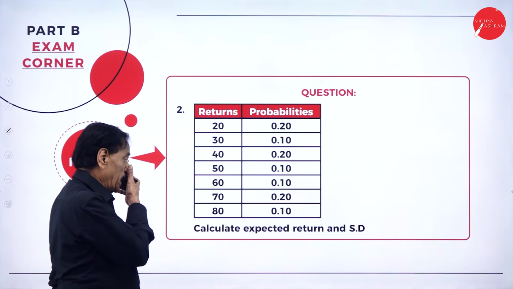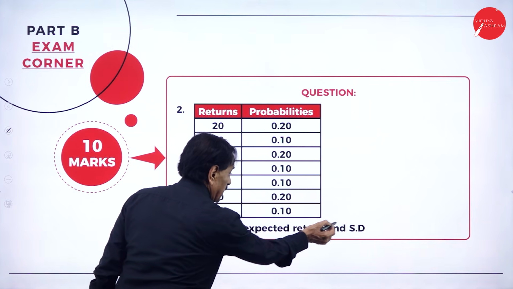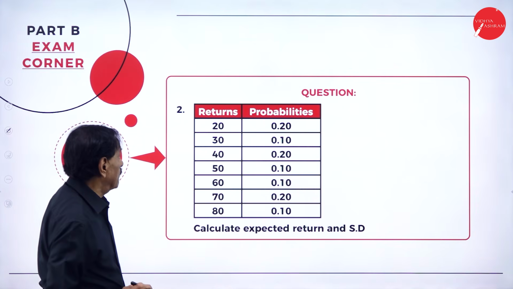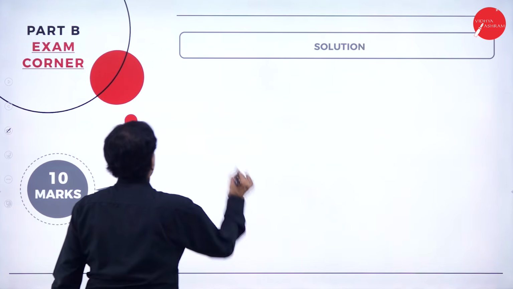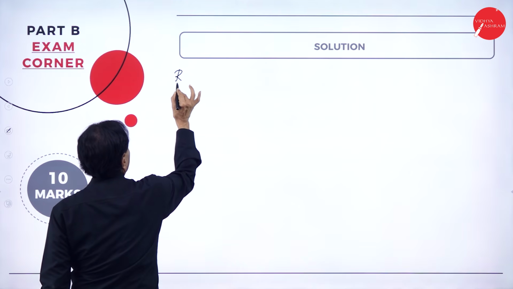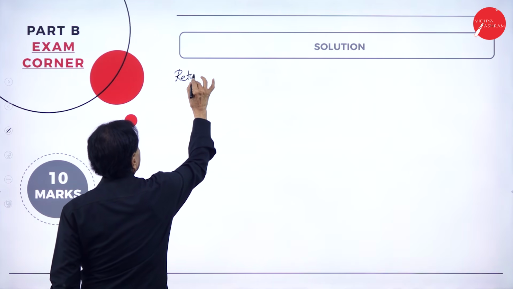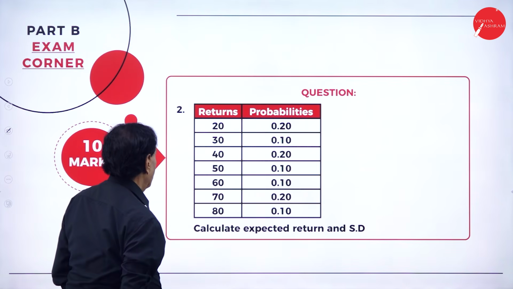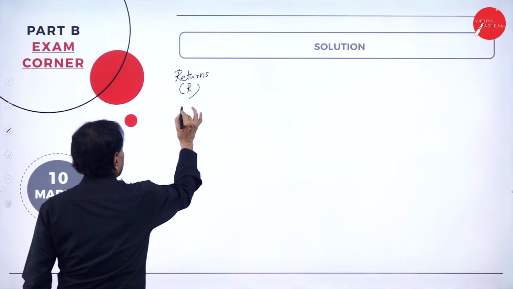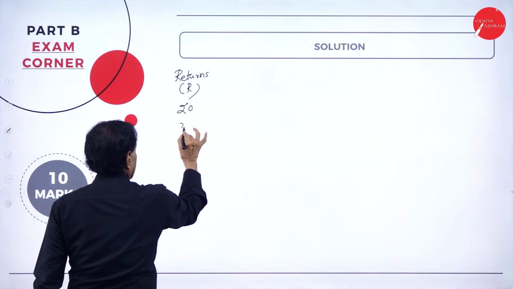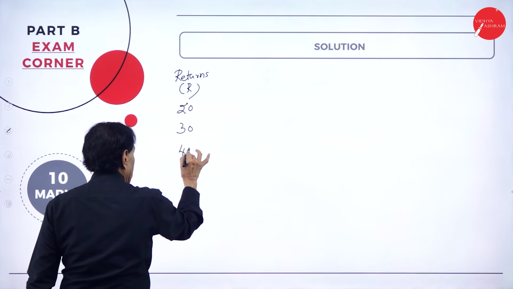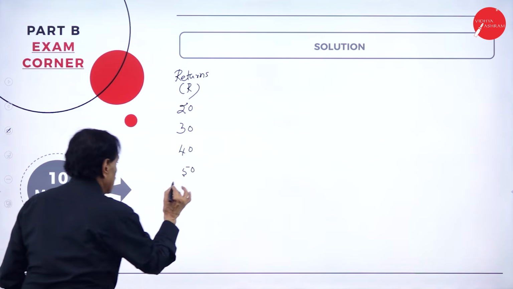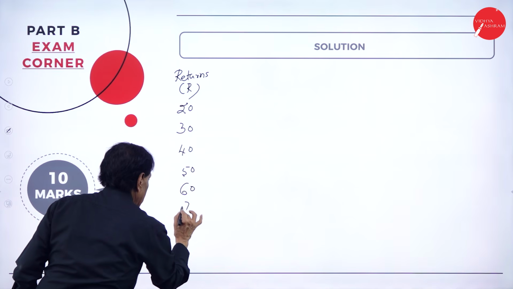Now with probability: calculate expected return and standard deviation with probability. Returns are 20, 30, 40, 50, 60, 70, 80.